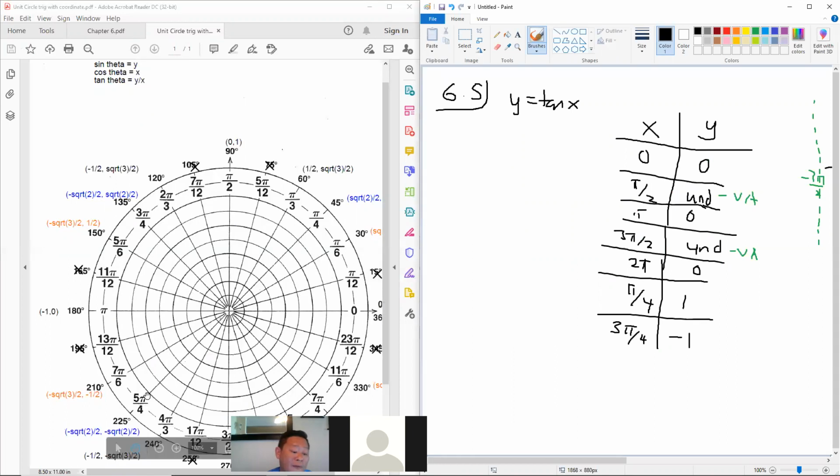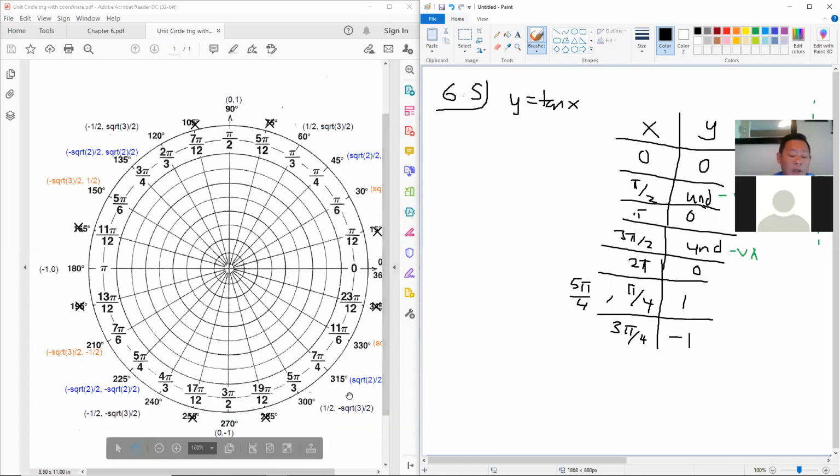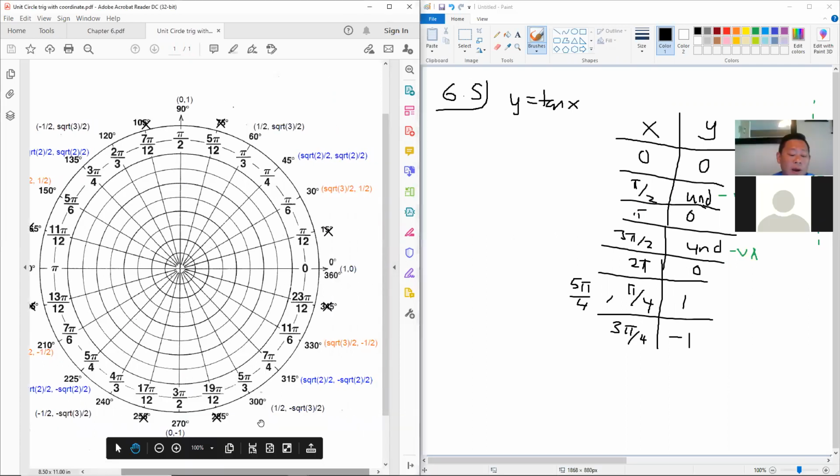When you go to 5 pi over 4, because both of these are negative, when you divide, it becomes positive. So 5 pi over 4 will also give you a 1. And then when you go to 7 pi over 4, don't forget the y value is negative and the x is positive, so you will figure out that there will be a -1. So this will be 7 pi over 4 here.